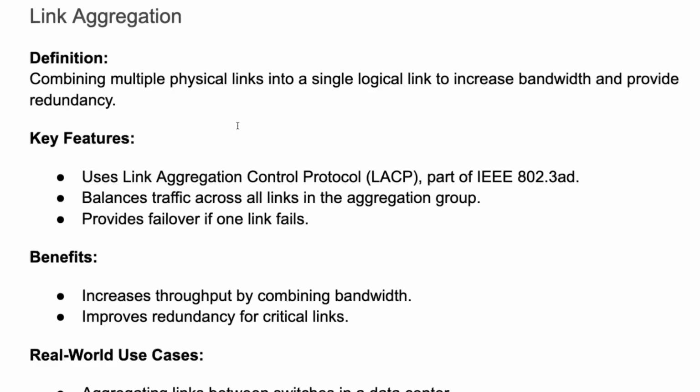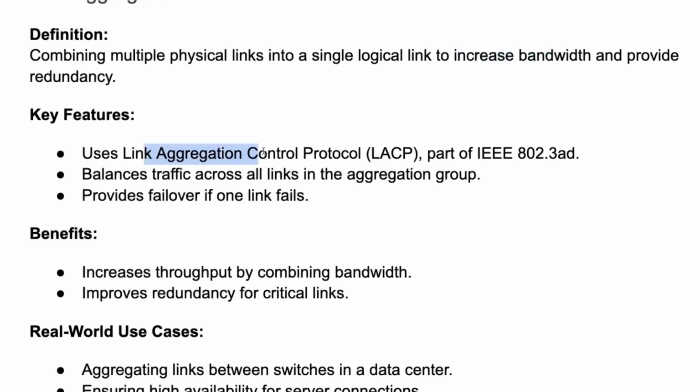This is essentially the opposite of virtual LAN. Where you use one physical device on a virtual LAN to create multiple logical segments, with link aggregation, we are combining multiple physical devices, physical links, into a single logical link to increase the bandwidth and to provide for redundancy. So this uses Link Aggregation Control Protocol, LACP, which is part of the 802.3.